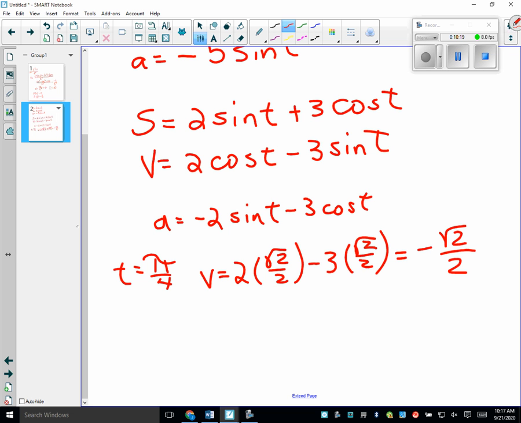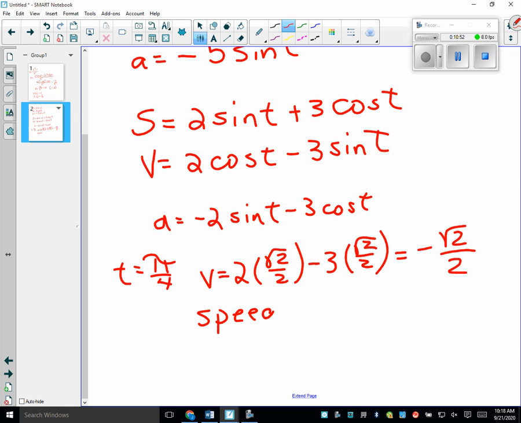Okay, so we're basically just going to do the same thing we did with the others. Now what I want is what's called the speed. The speed is the absolute value of velocity. All right? So what is the speed of this?